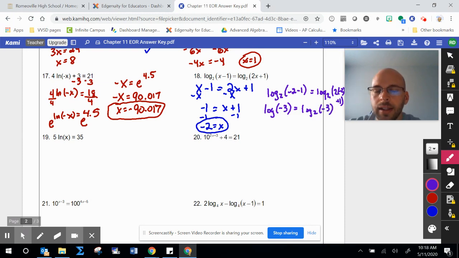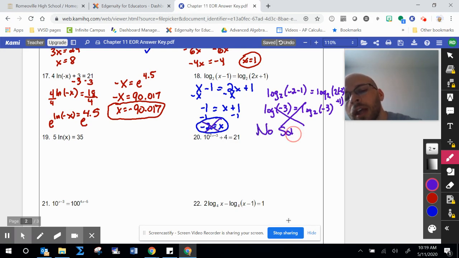Now, you want to say that the left-hand and the right-hand side are going to be the same, but there is a property here that says we cannot have any negative values in our log. So because it's the log of a negative 3, this is undefined. This would be an extraneous solution, and this problem has no solution.